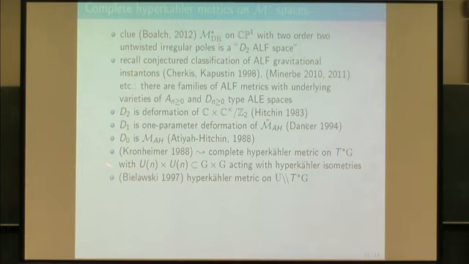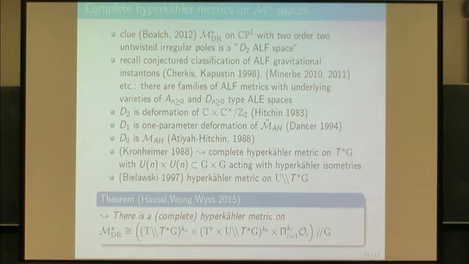Roger Bielawski has a very nice construction using these Slodowy slices, which gives a natural, complete, I think, hyperkähler metric on precisely these complex symplectic quotients which we need. So now, combining these, this really is just a simple observation: with these works we can put some sort of complete hyperkähler metric on all these M star de Rham spaces, because we just take Kronheimer's metric on the T star G's.